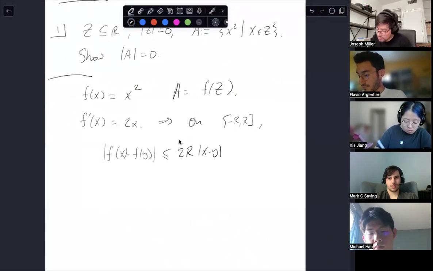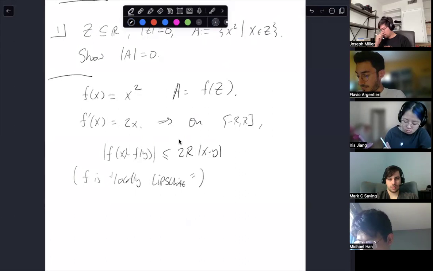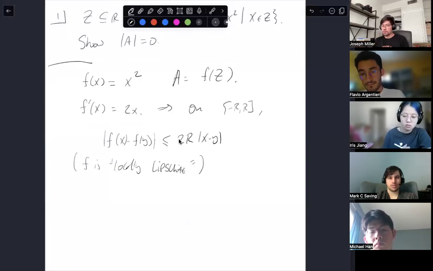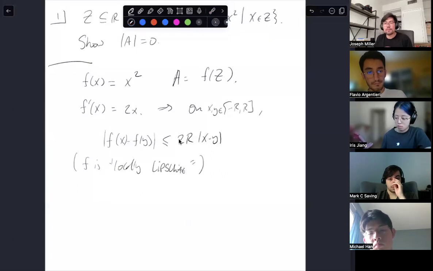So what I'm saying here, in more formal language, is f is locally Lipschitz. Is everyone clear on how to show this inequality? When I say on negative r to r, what I mean is for any x and y in this interval, I get this.